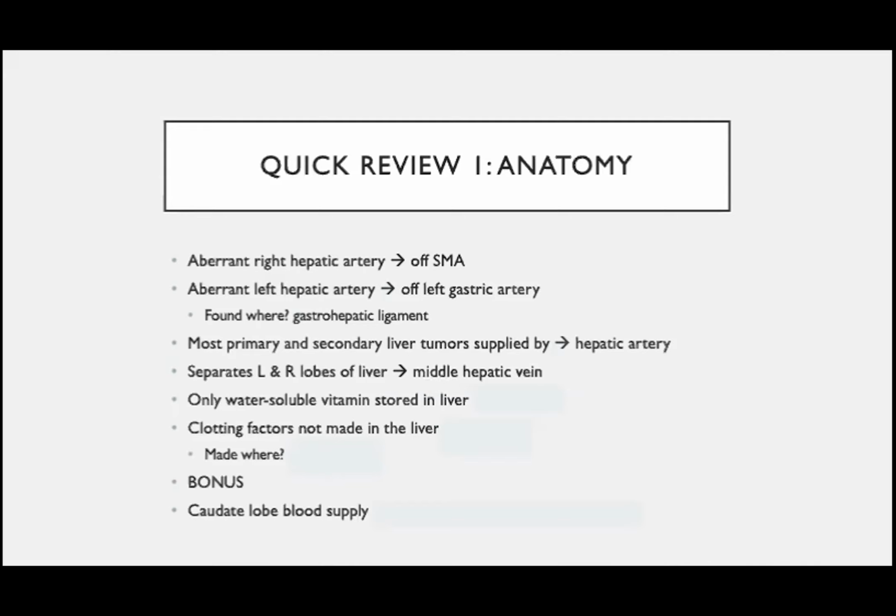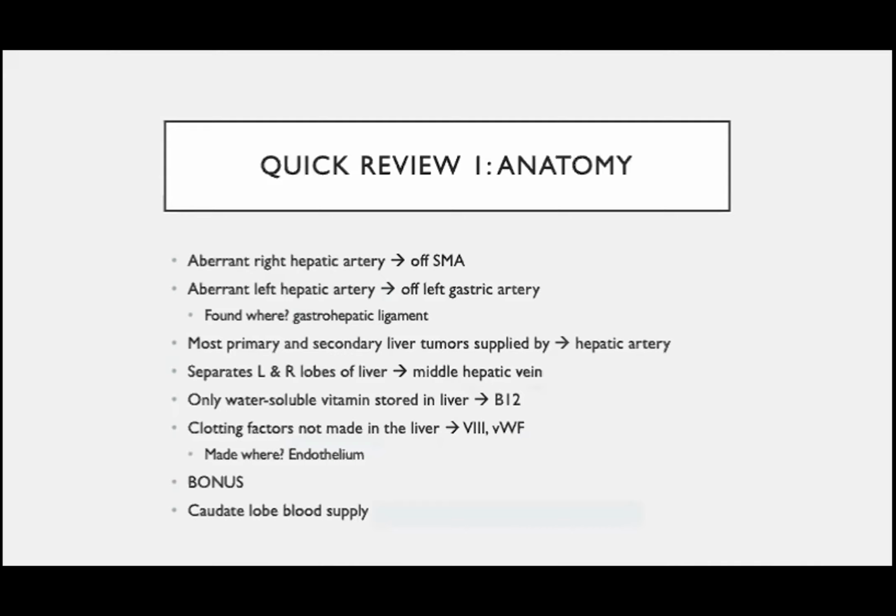Surgeonc, do you want to take over for the rest of the slide? Only water-soluble vitamin stored is B12. Clotting factors not made in the liver are von Willebrand's and factor VIII, which are made in the endothelium. Yes. So here's a bonus point.